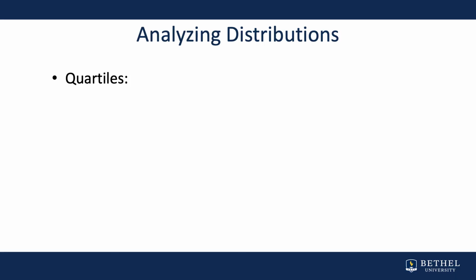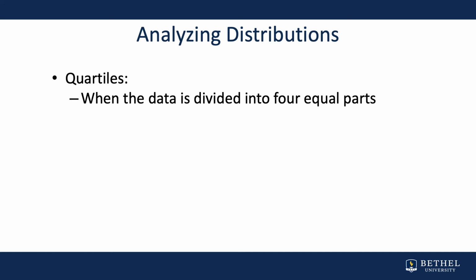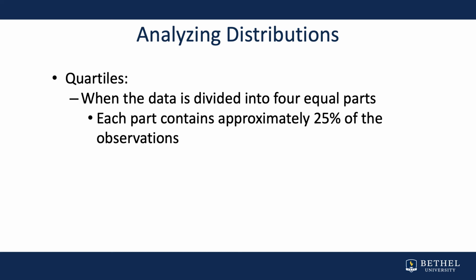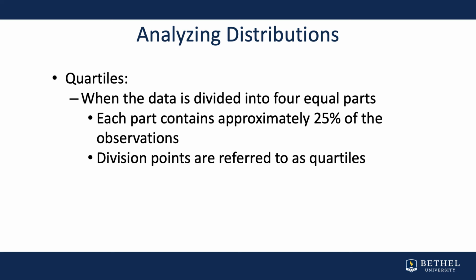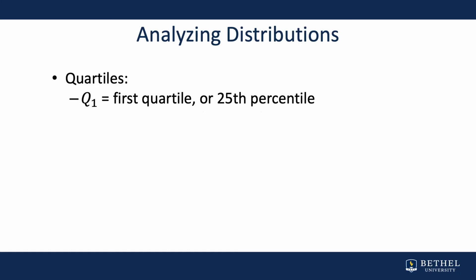Just like you have percentiles, you also have quartiles. Quartiles is where you divide the data into 4 equal parts. Each part contains approximately 25% of the observations, and the division points are referred to as quartiles. So you can have a first quartile, a second quartile, a third quartile, and a fourth quartile. Now, Q1, the first quartile, is the 25th percentile.